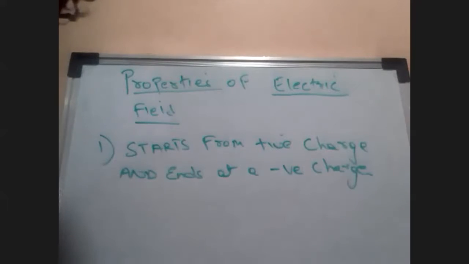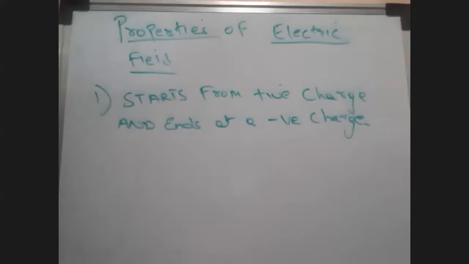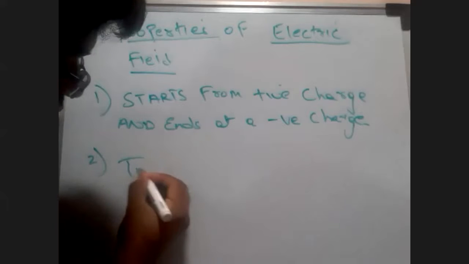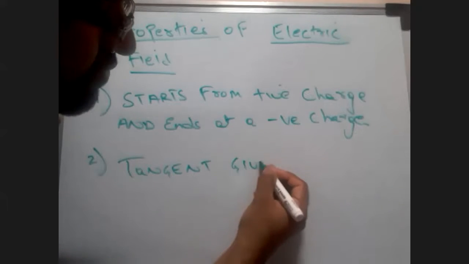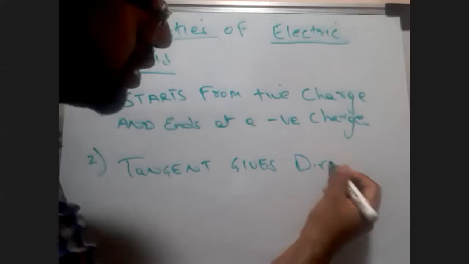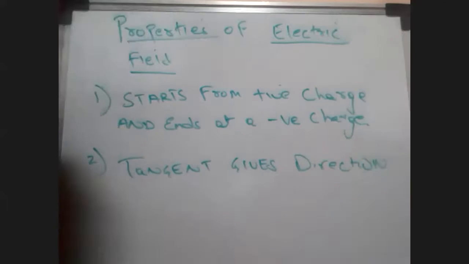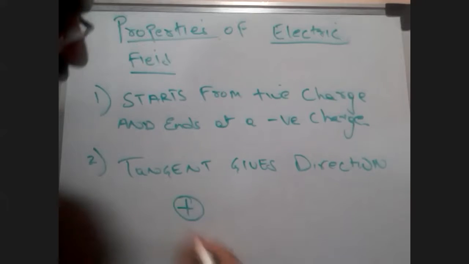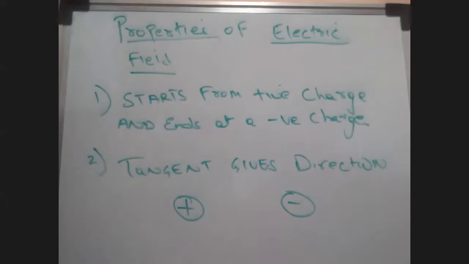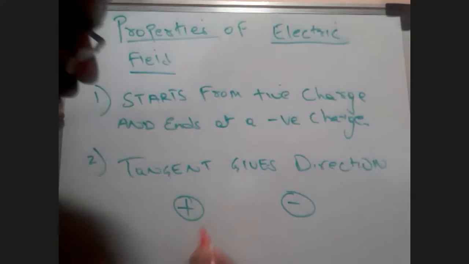Now let's look at the second point. The second point says that the tangent gives the direction. What does it mean? Now consider there's a positive charge and a negative charge, and they are interacting with each other using electric field lines.